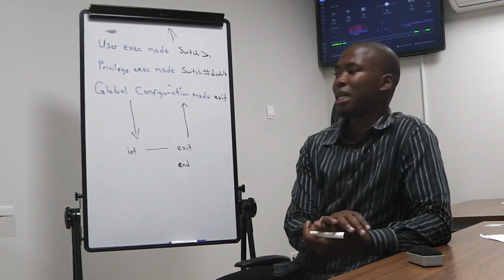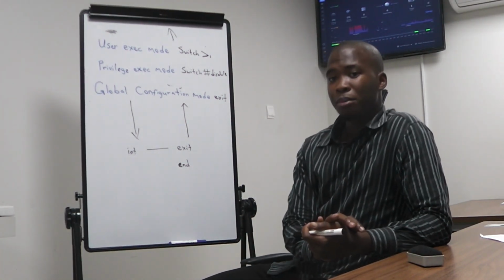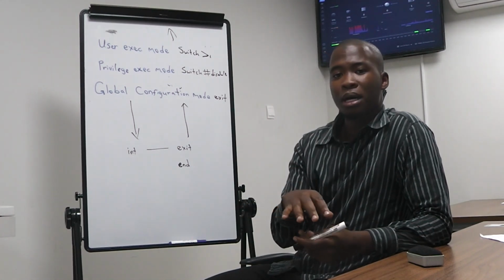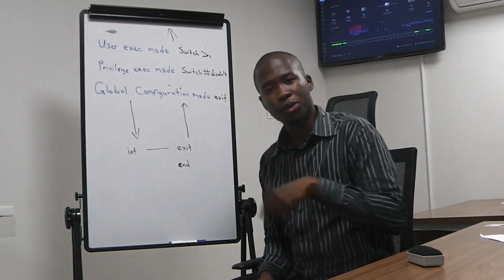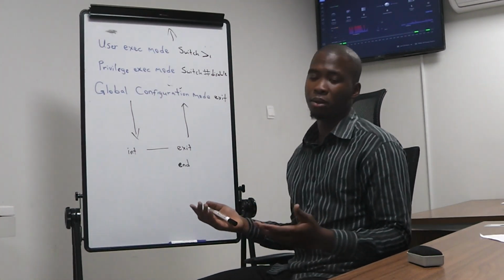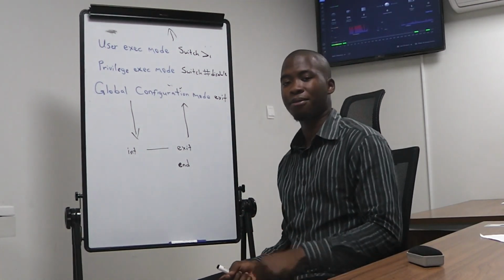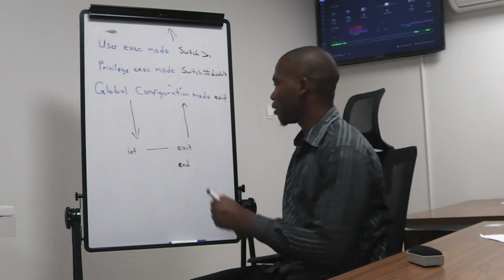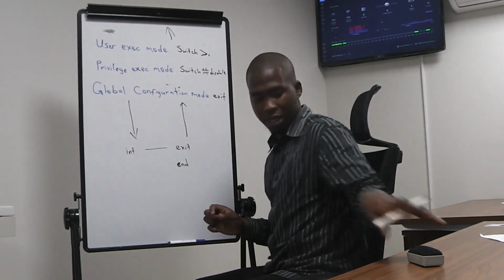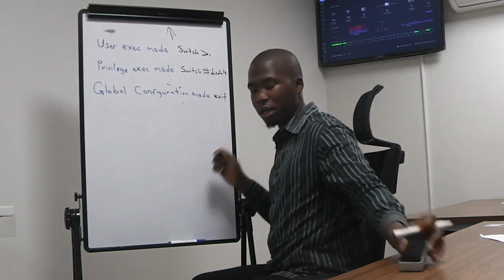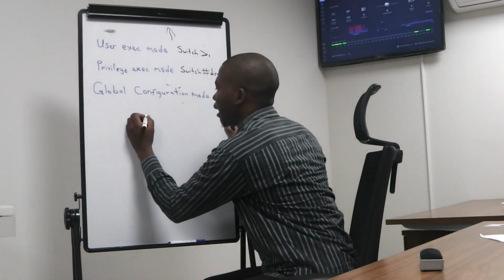While giving it the name, it is also important that you consider giving it a name that relates to the location where your device is located. Let's say, for example, in this building, we have different floors. If our switch is located on the first floor, I can give it a name like SW-FL-1.